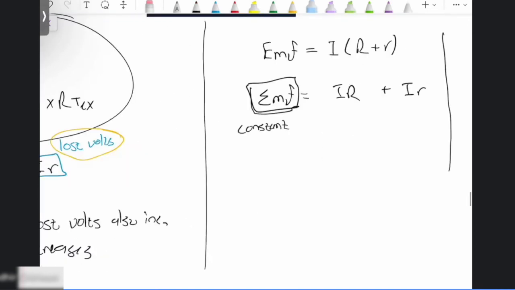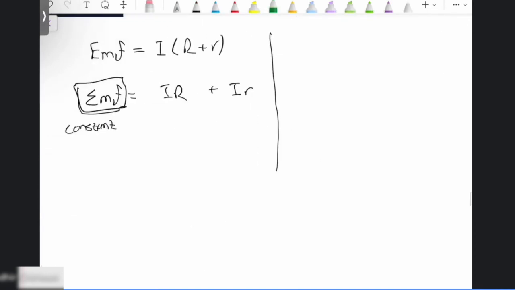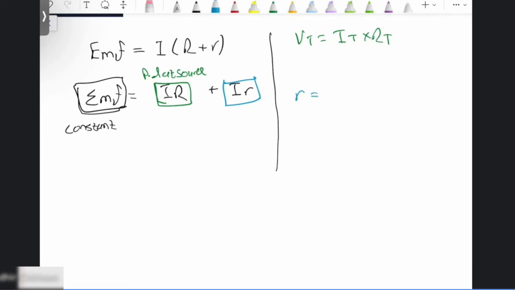This here, I times R, is basically the potential difference at source. This I times R comes from V total is equal to I total times R total. That's where that comes from, right? You know that small r is equal to lost volts over I, where lost volts is EMF minus potential difference at source.